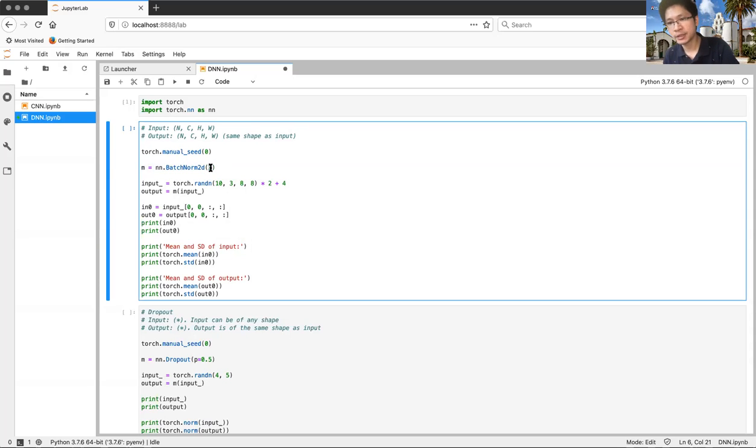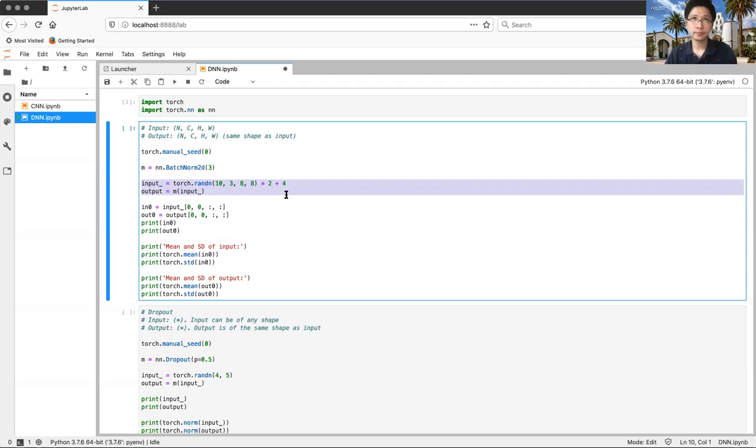This input size, in a computer vision task, specifies the number of channels. Here we define the input data by defining this random tensor.